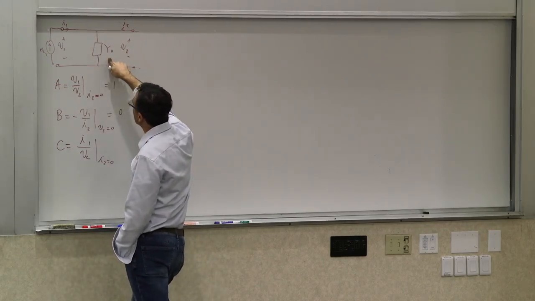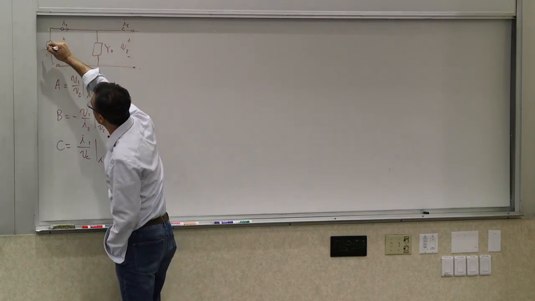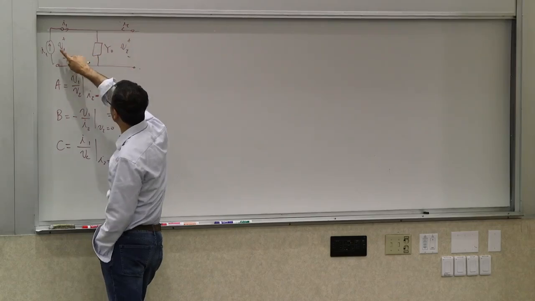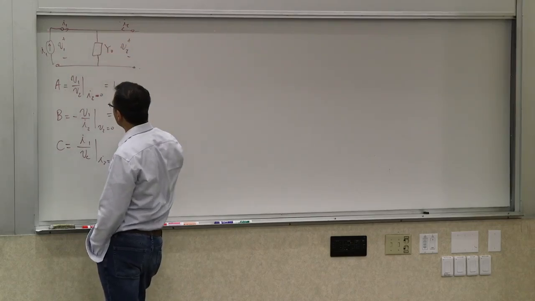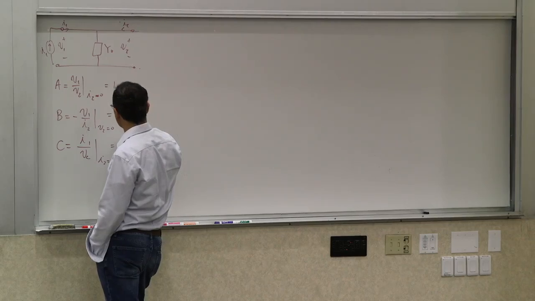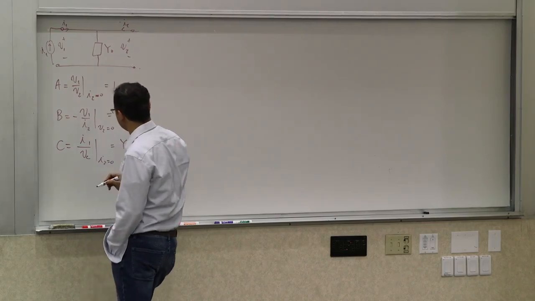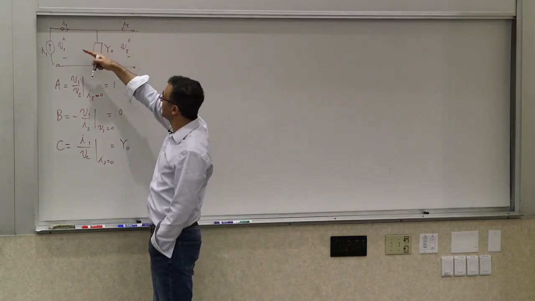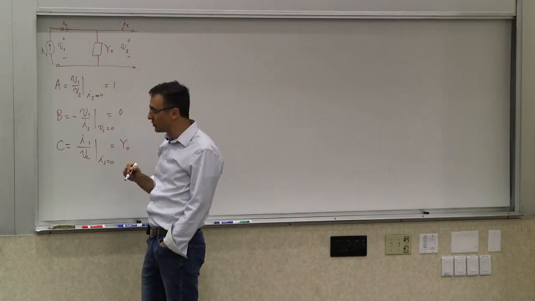If this is current I1, and you're measuring voltage V2, it's the current times its impedance, or the current divided by Y naught. So in this case, this would simply be Y naught, because that would be the ratio of the current here to the voltage that it induces.